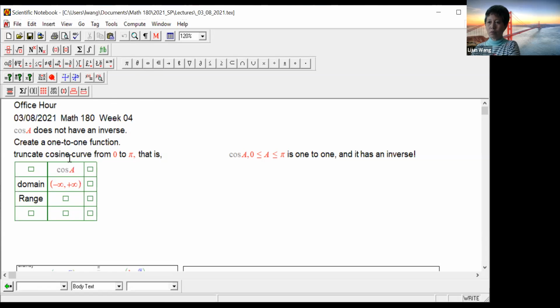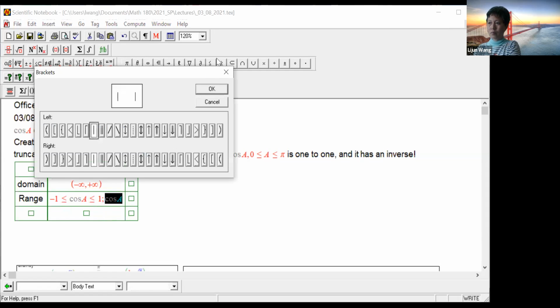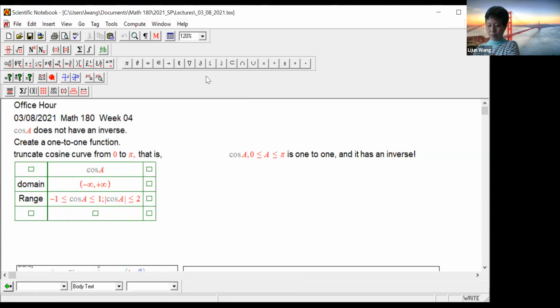And the range, cosine A, is between -1 and +1. And of course, we have another form, the absolute value of cosine A less than or equal to 1.